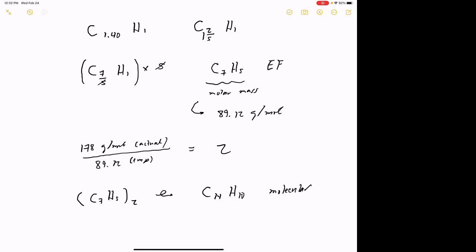Now, where we're going to go next in the next video is into combustion analysis, which is kind of taking empirical formula to a new level. Because in that case, we're going to get back into that whole business of elemental analysis. If we want to have, for example, an empirical formula of, say, a hydrocarbon, something that contains carbon and hydrogen, we can burn it. I think we talked about that when we did elemental analysis, but basically we burn the stuff, and when we burn it, we make products.